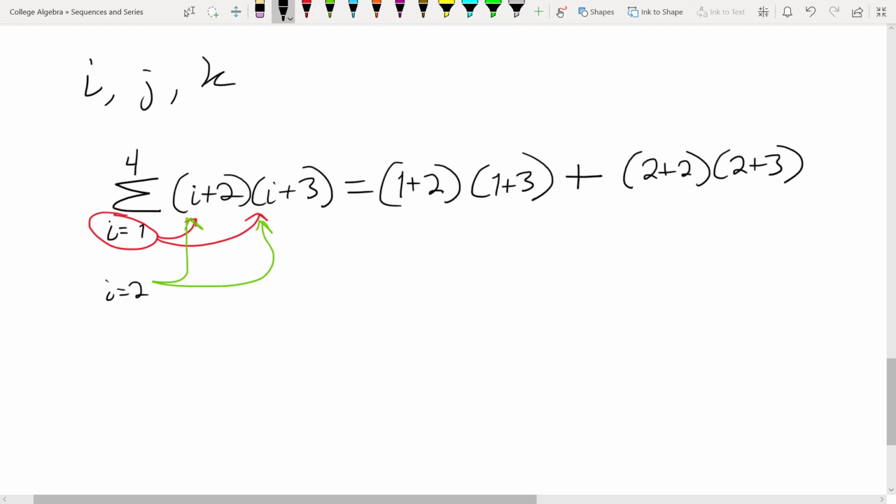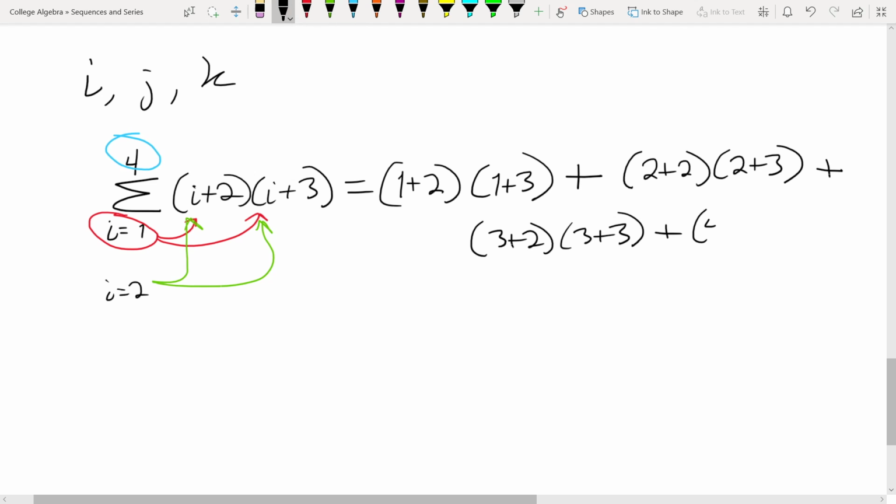And then we add the next term, which is going to be I equal to 3, which is going to be 3 plus 2 and 3 plus 3. And finally, we add another one to I, so I becomes 4. And 4 is the stopping point here.